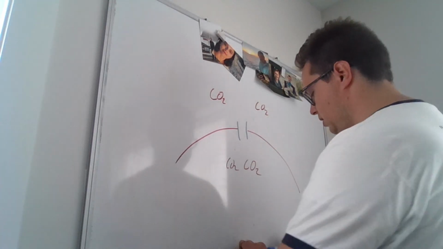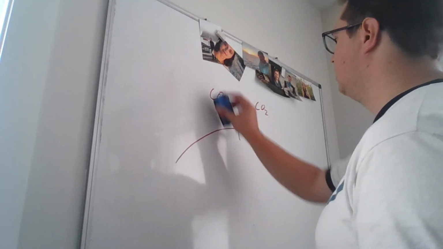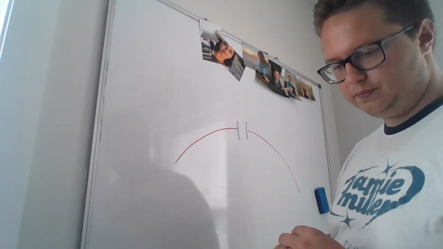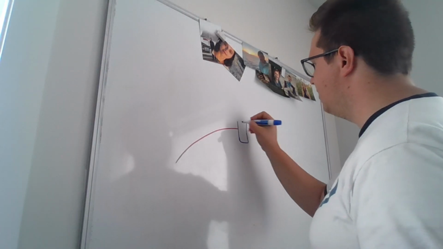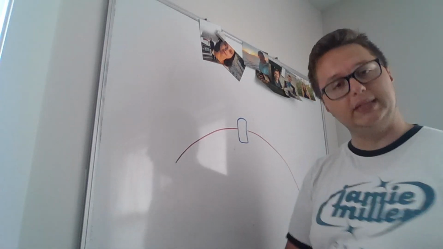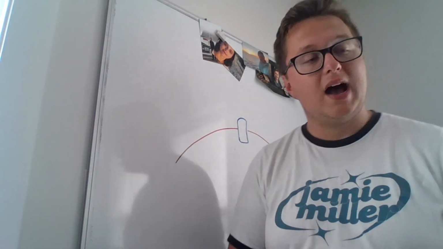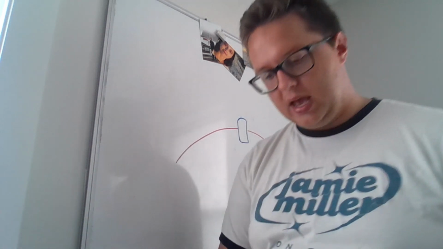Okay. Next, we'll talk about facilitated diffusion. Facilitated diffusion is when we have a little bit of help through proteins. These are things that are usually a little bit bigger, things that can't just go through the membrane, but they need help doing it.